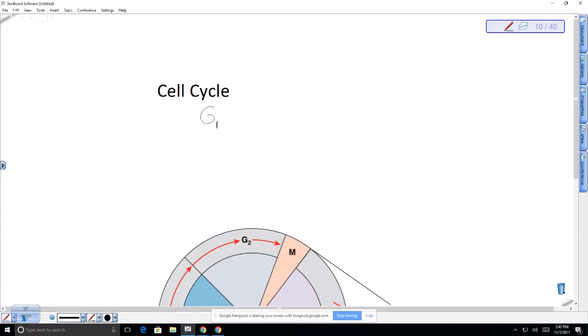So this is growth, and G1 occurs right after a cell divides into 2 daughter cells.